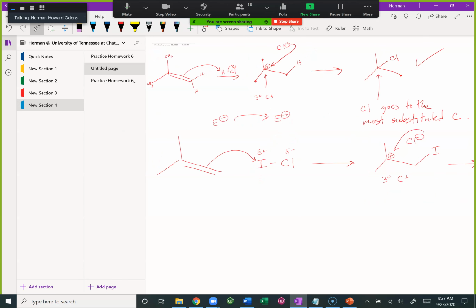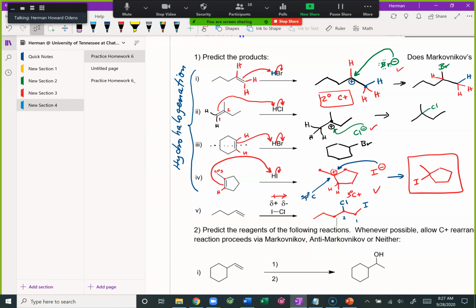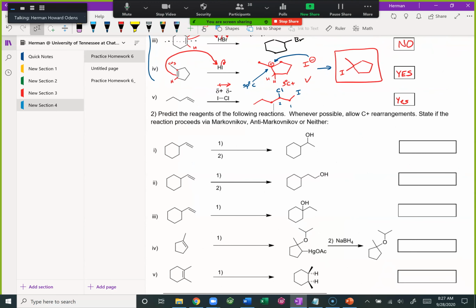Let's see. Let's go back here. All right. So now this is interesting because when it comes to research or when it comes to reagents in OCHEM, in a reaction you have 3 components of the reaction.